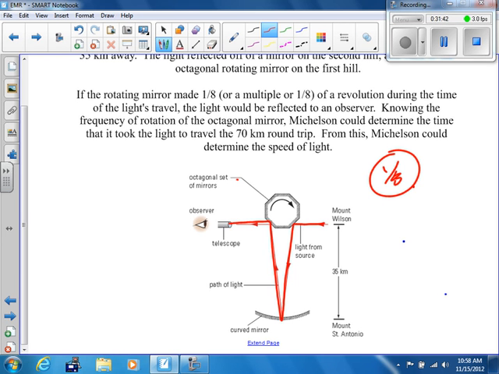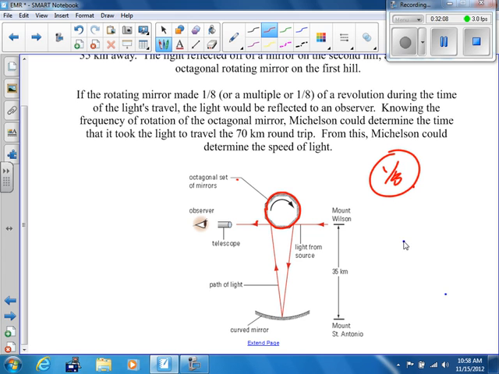If we start rotating it, we're all of a sudden going to find that this beam of light does not get observed by the observer. It gets observed somewhere else until it reaches the right frequency. When it reaches the right frequency, the light will get observed by the observer because that mirror will have made 1/8 of a revolution during that time.